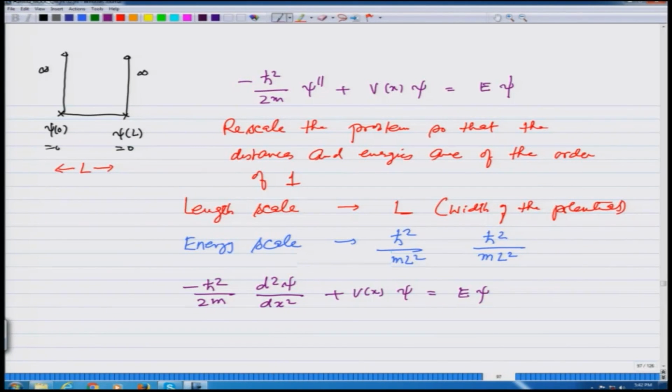Let me multiply here by L square and divide by L square, so that I have the equation as minus h cross square over m L square, 1/2 in front, d2 psi over d of x over L square, plus V x psi x equals E psi.